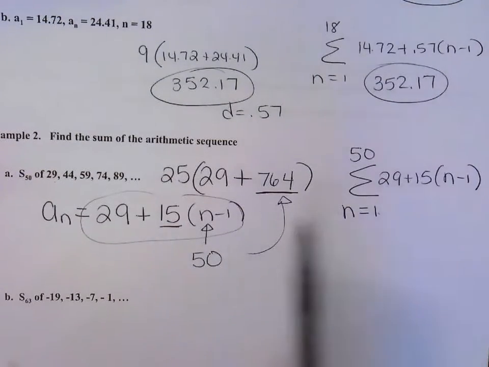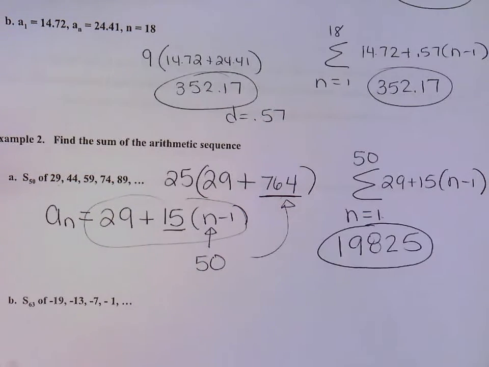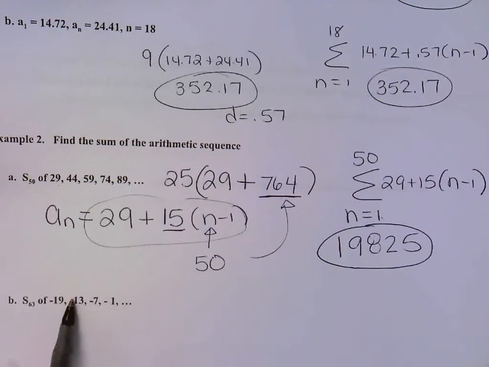So when you type both of these into your calculator, we should hopefully get the same answer. So try typing them in and see if you can try example 2b. I'll put up 2b in just a minute or two, but try the examples on the back.